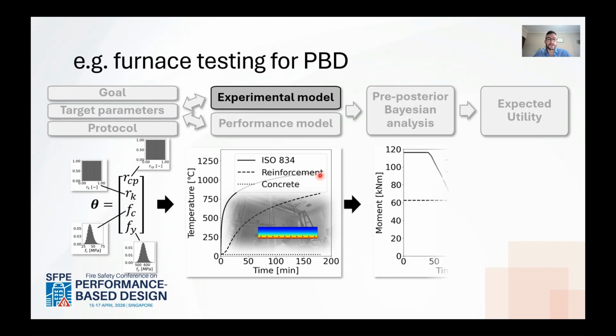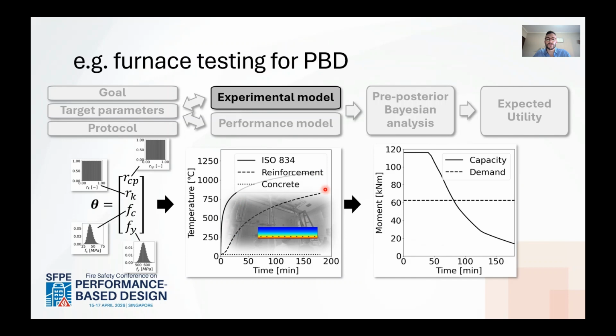And then we use this temperature time history to calculate the time history of the capacity of our slab, which is this curve, and we compare it to the bending capacity of our slab. When these two curves intersect, we identify the failure time, which will eventually determine our fire resistance, which is the parameter that we get out of the furnace test.